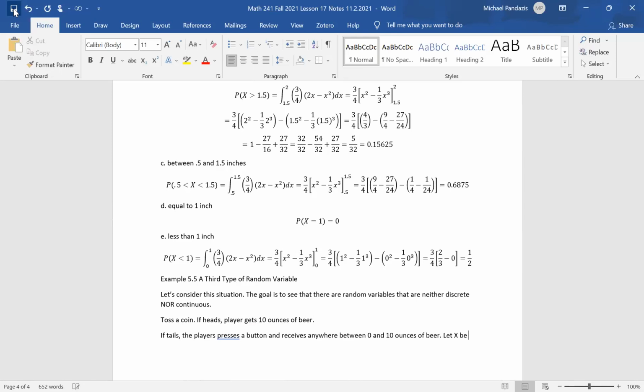Let capital X be the amount of beer received by the player in the experiment.